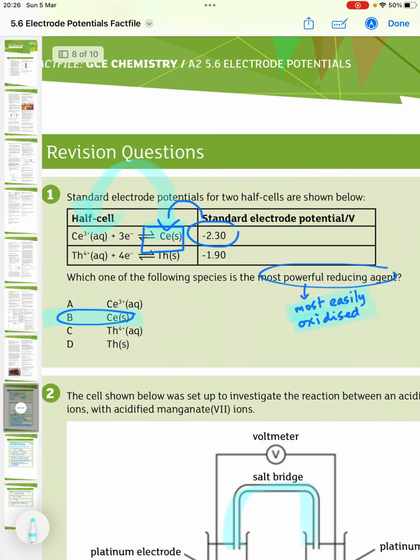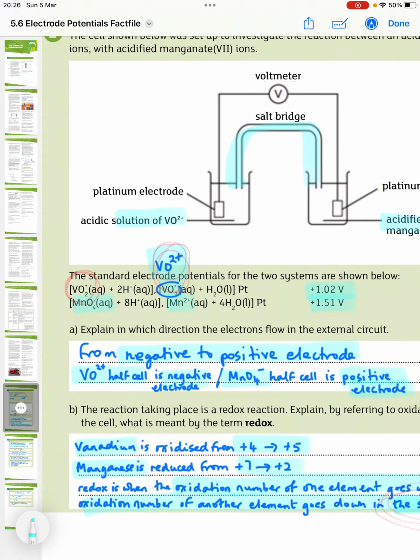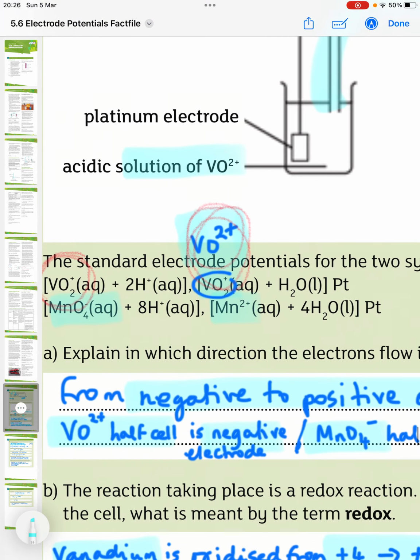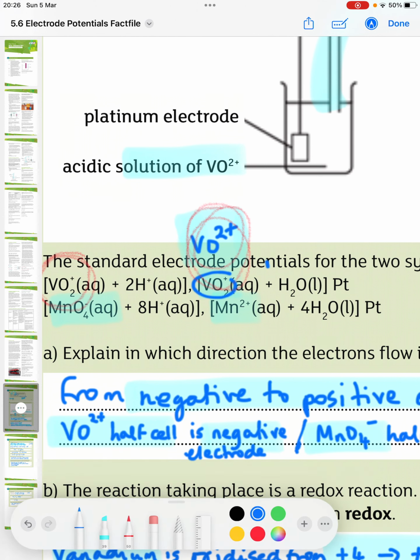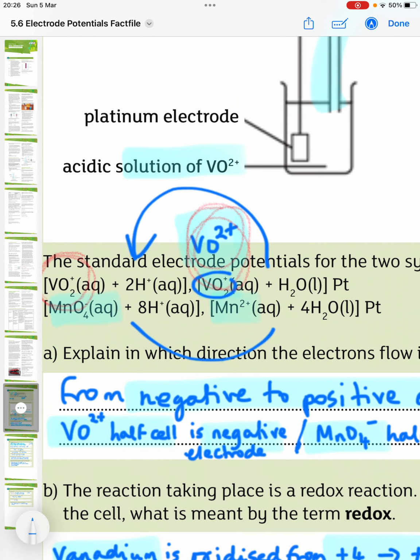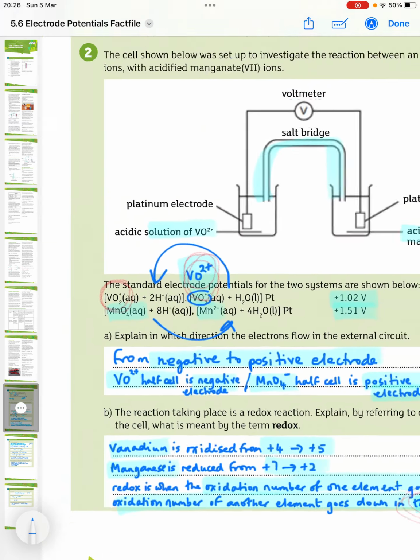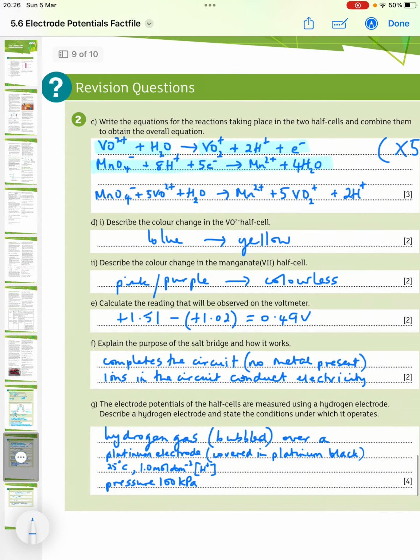If you're wondering where that came from, again, we're just using the left-hand rule. The top one is going to go to the left and the bottom one is going to go to the right, because the more negative the electrode potential is, the more likely it is to be oxidized.